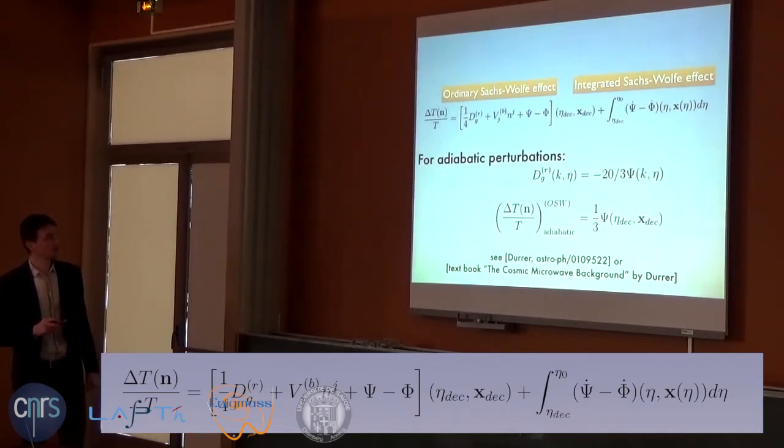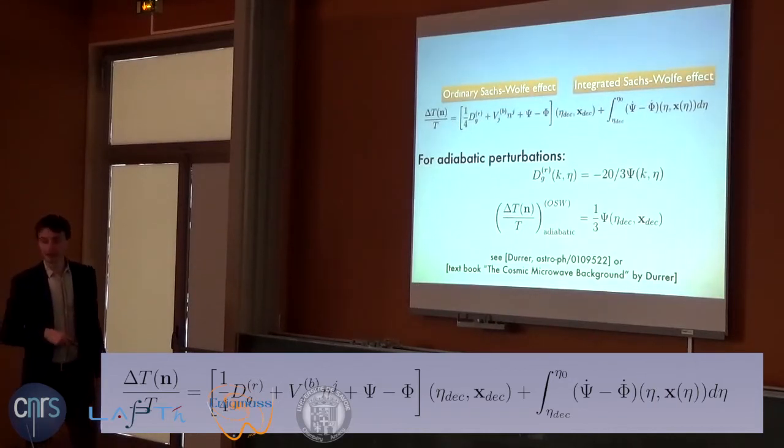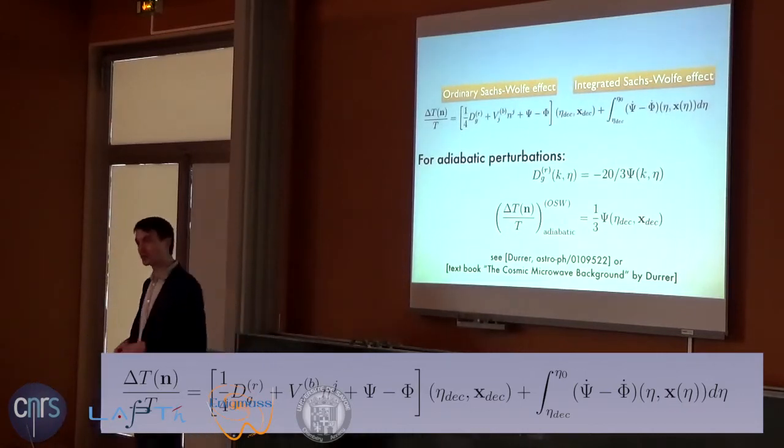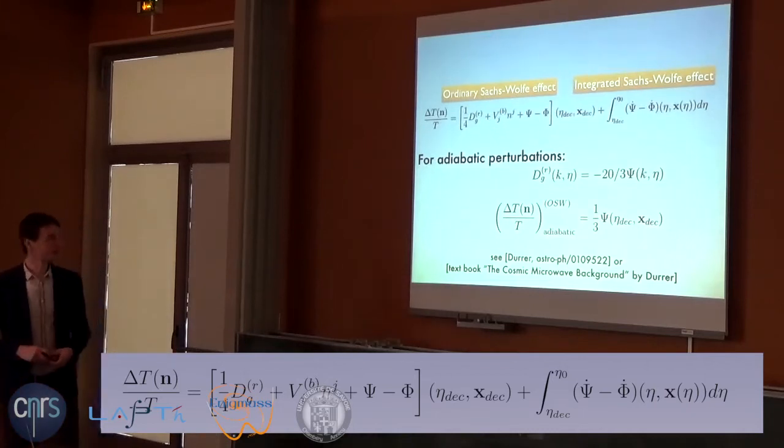So for adiabatic perturbations, the temperature at a spot on the surface of last scattering, focusing on this term only, is given by 1/3 times the gravitational potential. And here is the interesting feature that I asked you to remember when we discussed this. When you look at a cold spot in the CMB, you are looking at an overdensity.